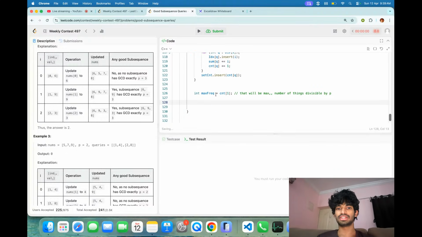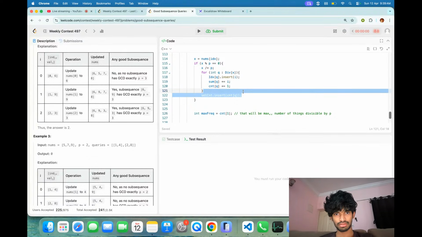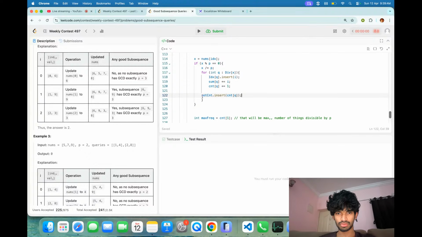And find this count in the set S. There should not be more than 1. I think this should be done for Q.